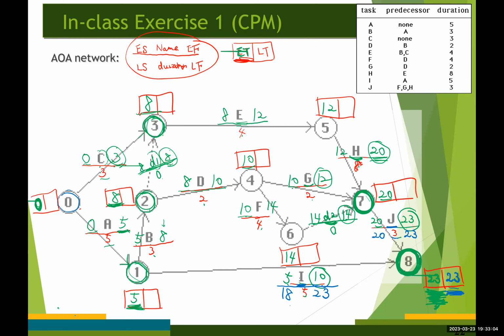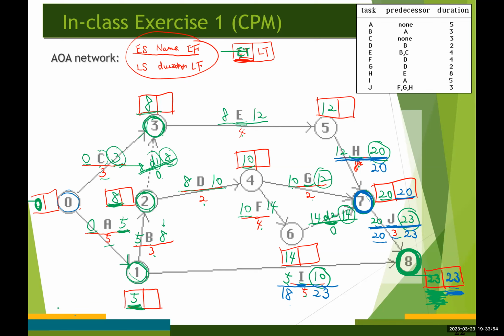Because the latest start time for activity J is 20, the latest time for event number 7 is going to be 20. Okay. And the latest finish time for activity H is going to be 20 as well.